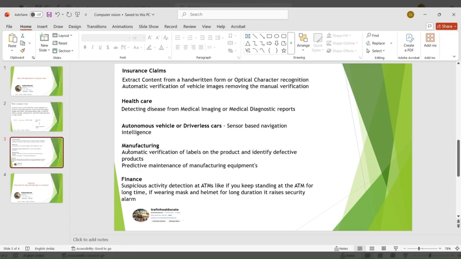Then the models deployed on the backend are able to take a call on whether the manufacturing equipment requires maintenance or not. If it does, it immediately sends a notification to the maintenance team and kicks off the maintenance process.